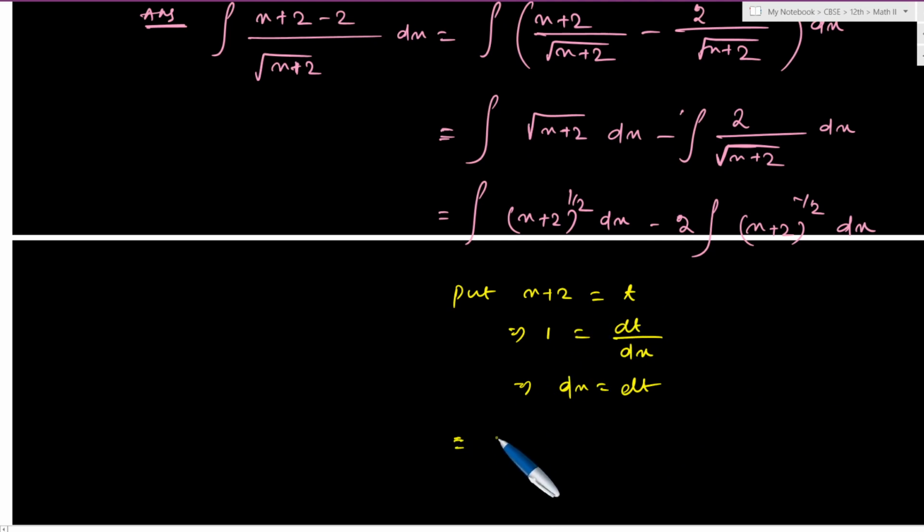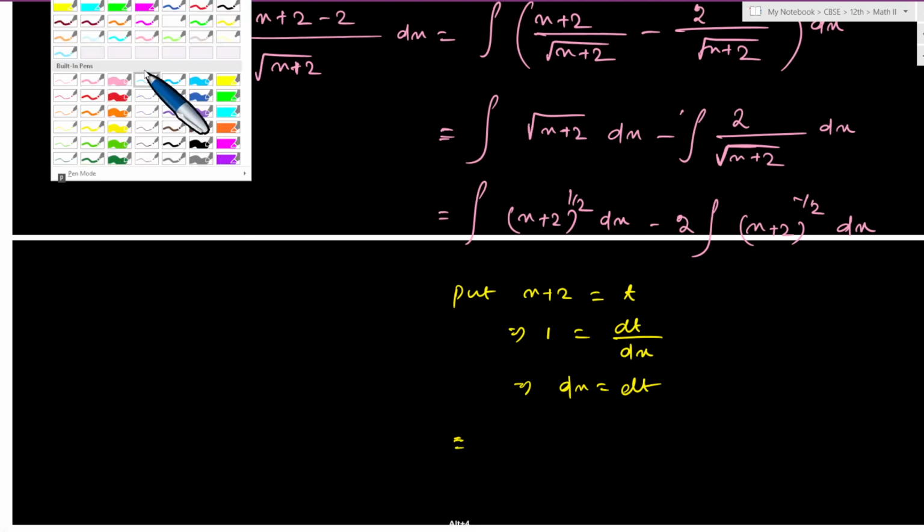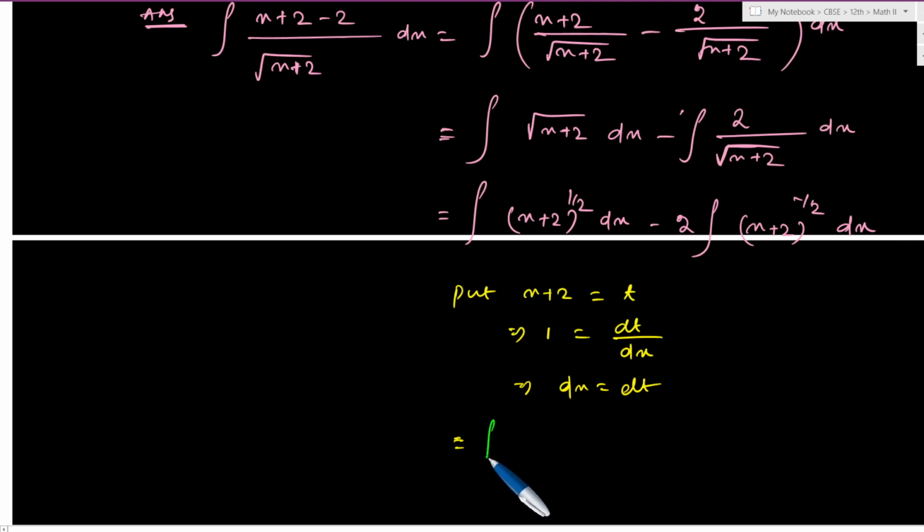So this integration becomes t to the power 1 by 2. Here dx is equal to dt, so replace the dx value with dt. t to the power 1 by 2 dt minus 2. Here it is x plus 2, in place of x plus 2 put t to the power minus 1 by 2 dt.